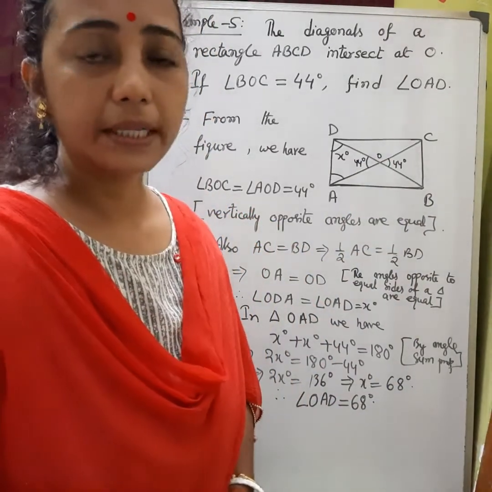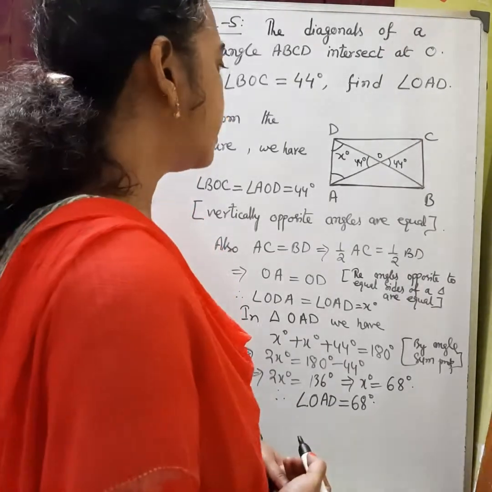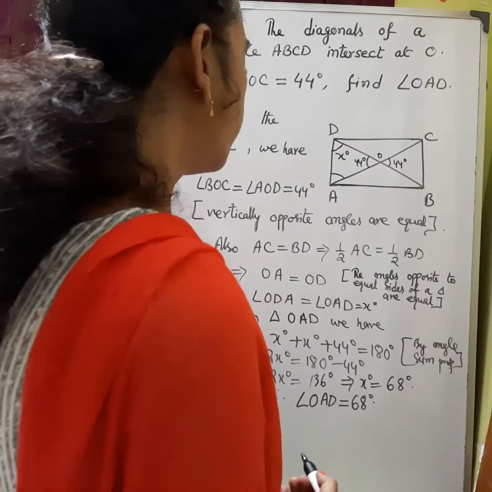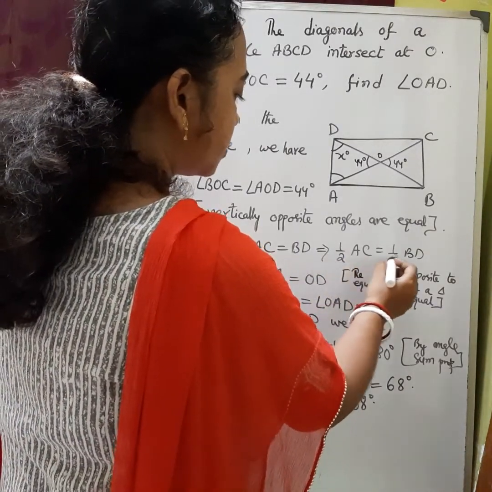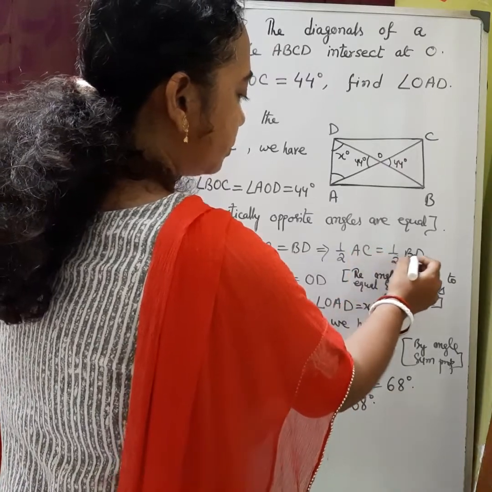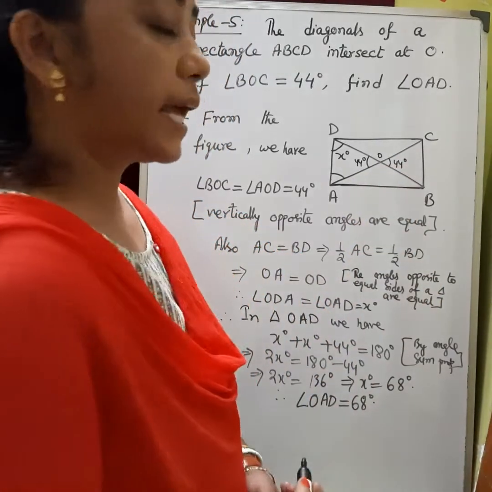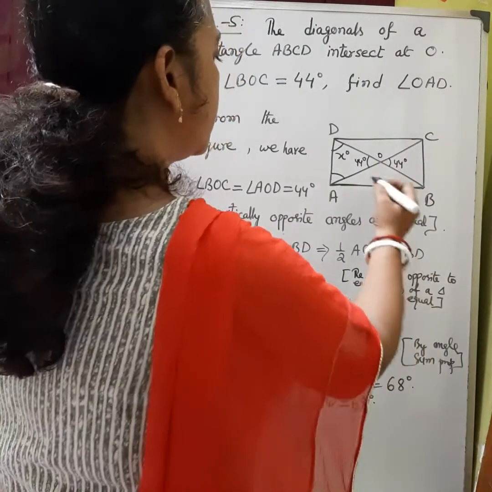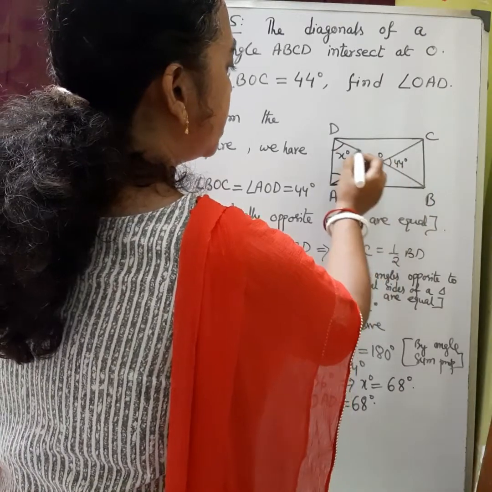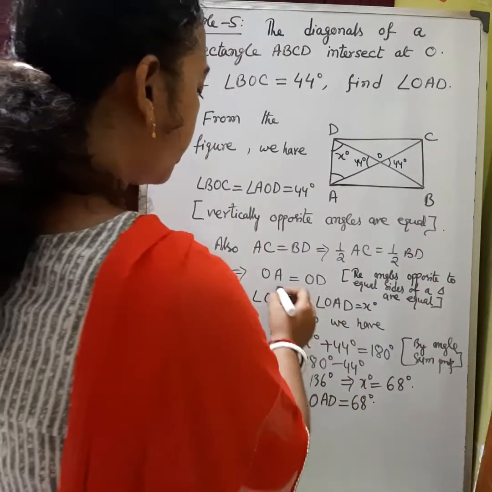Also we know that in a rectangle diagonals are equal. So here AC equals BD. If we divide both sides by 2, then AC by 2 is equal to BD by 2. Also in a rectangle diagonals bisect each other. So half of AC will be AO and half of BD will be OB or OD. So from this we can write OA is equal to OD.